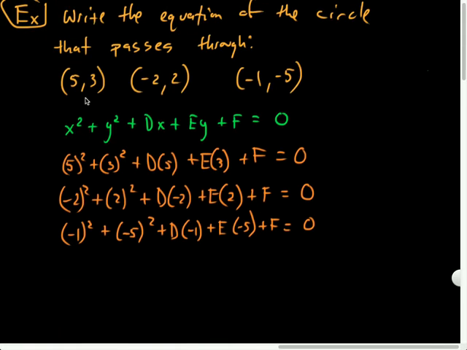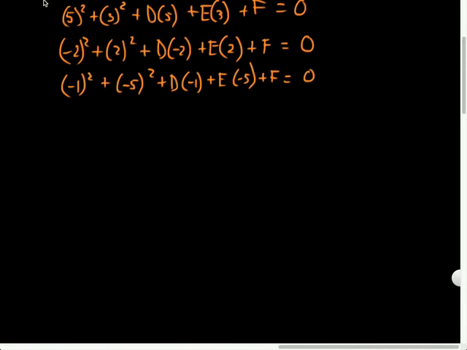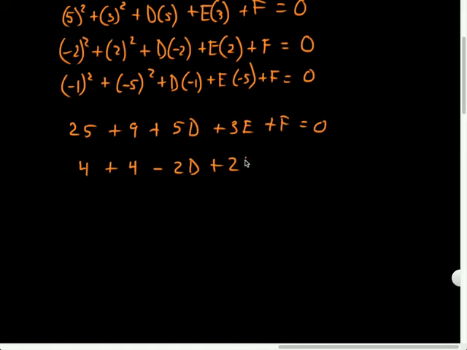So let's see. I've plugged all of these in. Now let's simplify each of these equations. 5 squared is 25 plus 9 plus, I'll write that as 5d plus 3e plus f equals 0. -2 squared is 4 plus 4 again, minus 2d plus 2e plus f equals 0.